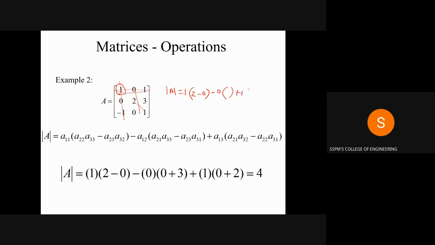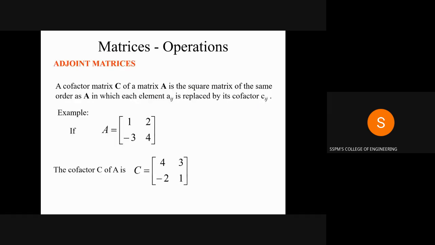Plus 1 into, you delete the first row and third column: 0 into 0 is 0, minus 2 into minus 1 is minus 2, that is plus 2. If you add this, 2 minus 0 plus 0 plus 2 is 2 plus 2, equal to 4. That is how you calculate the determinant of a matrix.